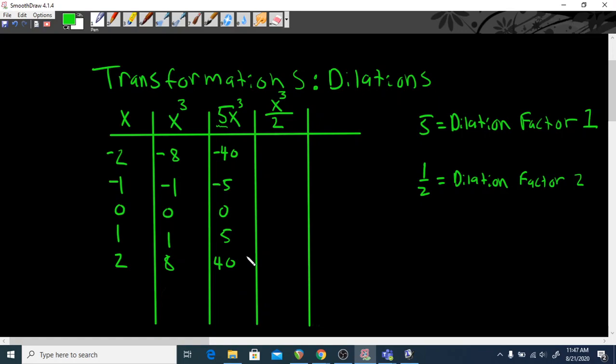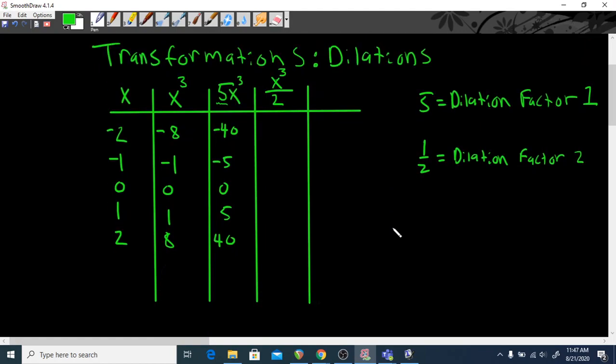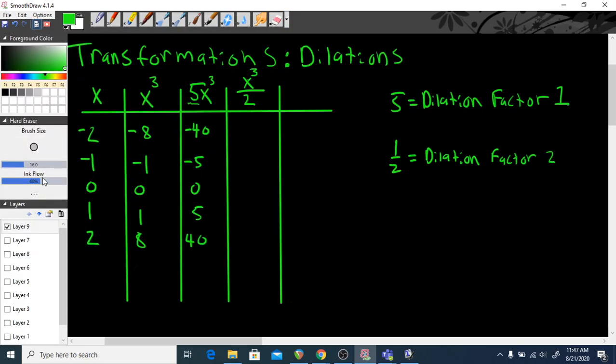Before we do the last one, let's look at some graphs now. Let me erase this. Let's do hard eraser, and let's up that brush size. Look at that.